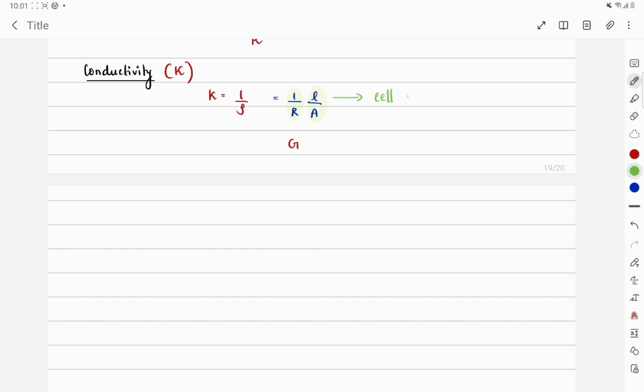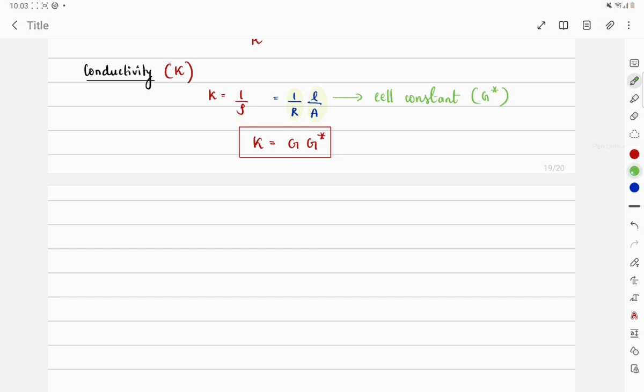We represent cell constant by the letter G star. So L by A can be written as G star. So I can write kappa is equal to G into G star, which means conductivity kappa is the product of conductance G and cell constant G star.